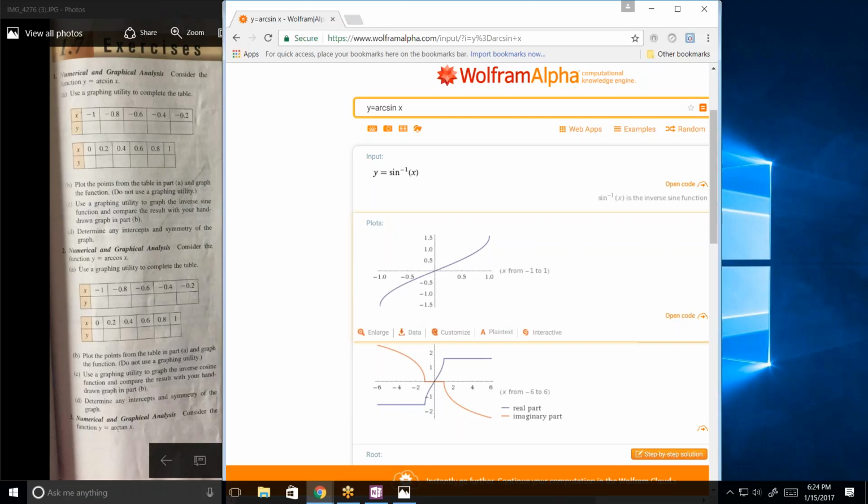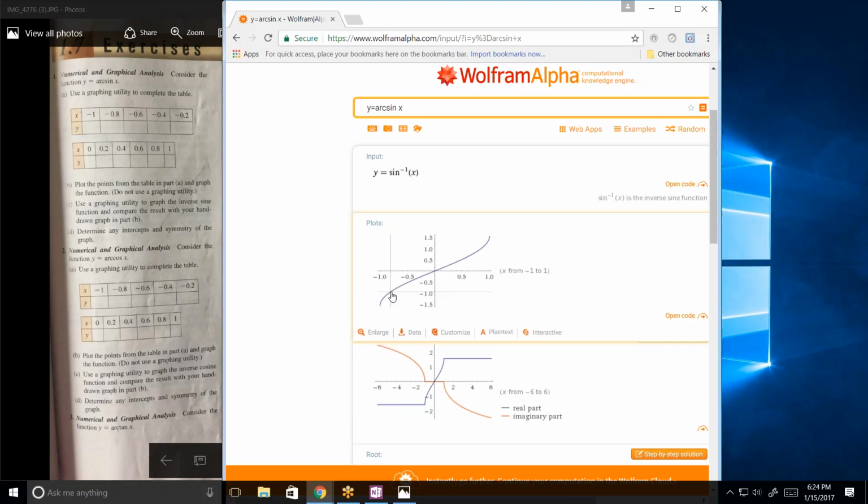Okay, so what is the inverse sine of, according to this graph, negative 0.8? I would say negative 0.9.